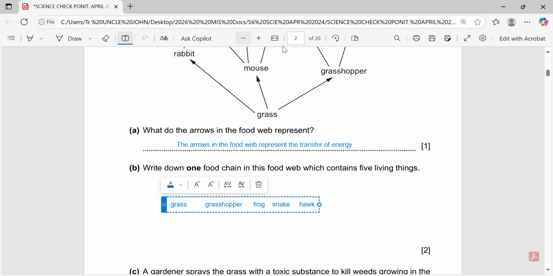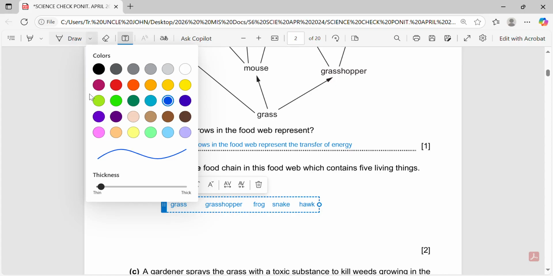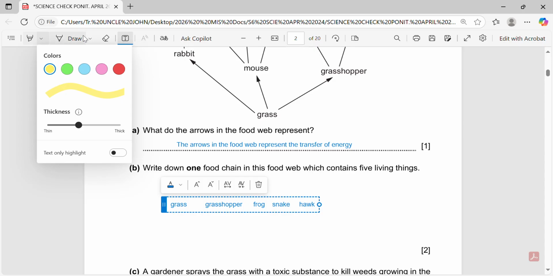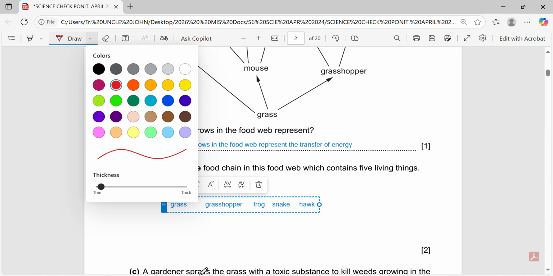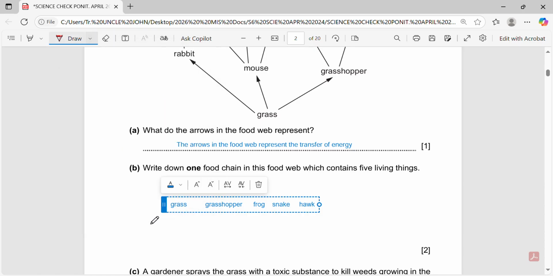Grasshopper, then frog, then after frog comes snake, then after snake comes hawk.